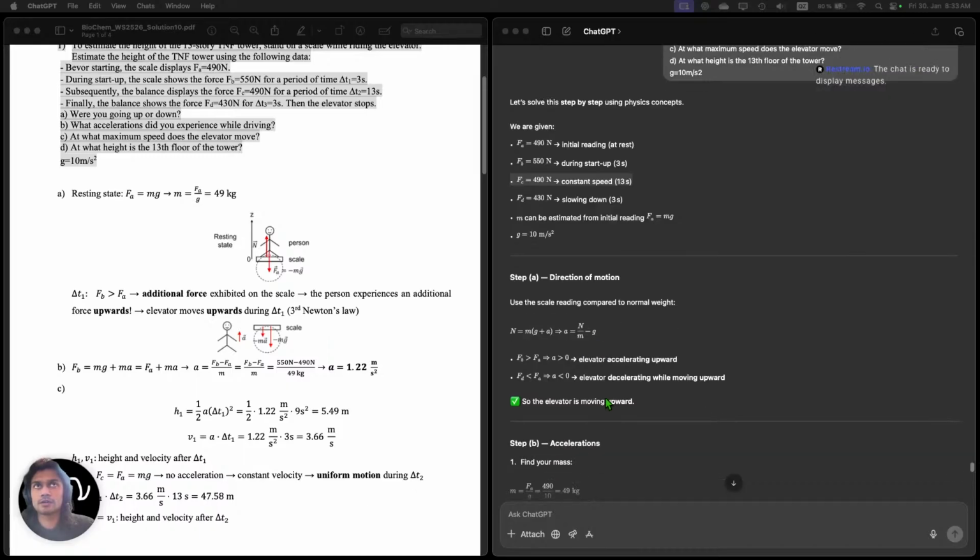Using the scale reading compared to normal weight, g plus a. We have to find a. Normal force equals m times g plus a. If it was going down, I think it's gonna be g minus a.